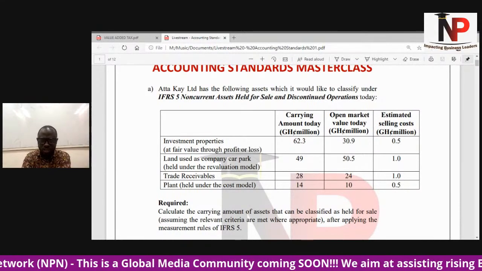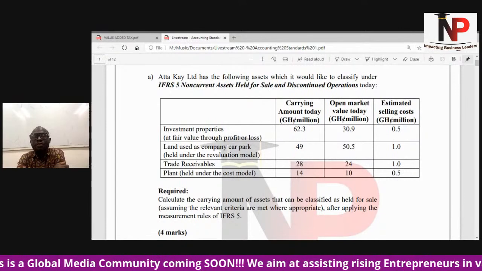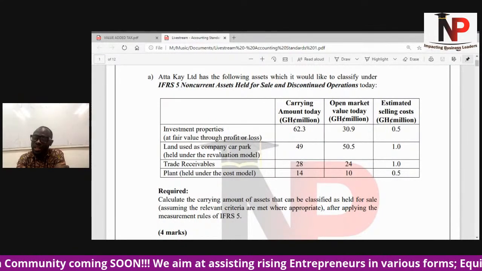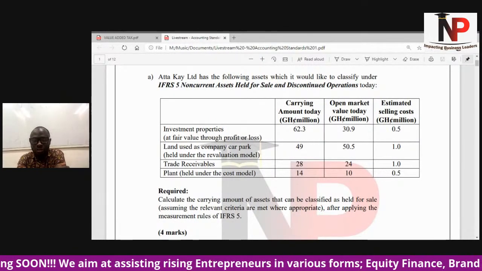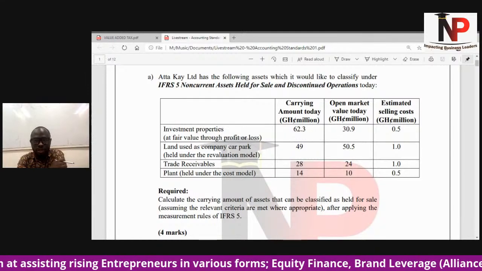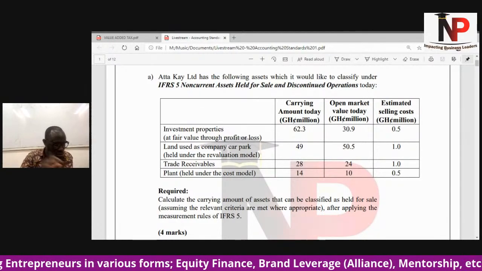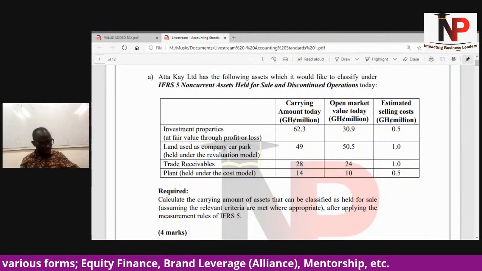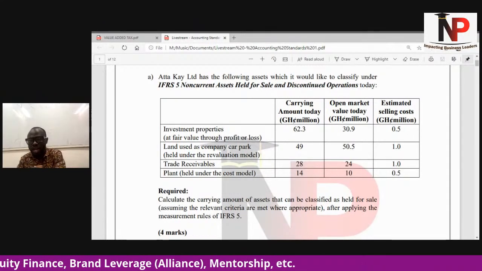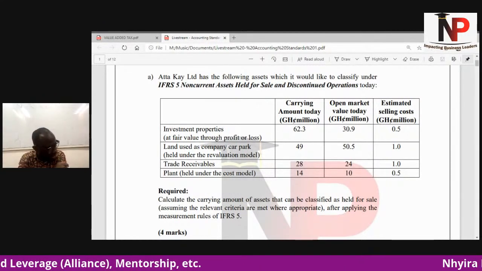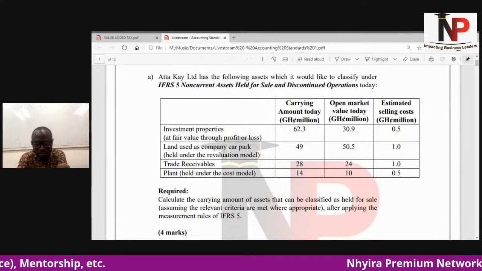So the first question A is on IFRS 5, non-current asset held for sale and discontinued operation. So let's look at how we go through this particular one and see what we need to look at in relation to that.